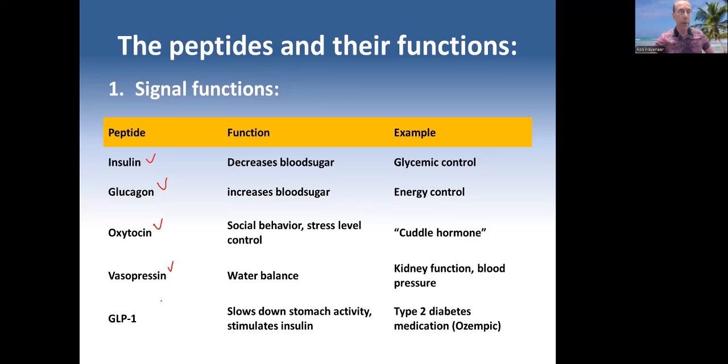Here you see the GLP-1 peptide will stimulate insulin and slow down stomach activity, and they make a specific medicine out of that. Here it's called Ozempic. They have liraglutide, semaglutide, whatever, because they know there is a large number of persons with obesity.